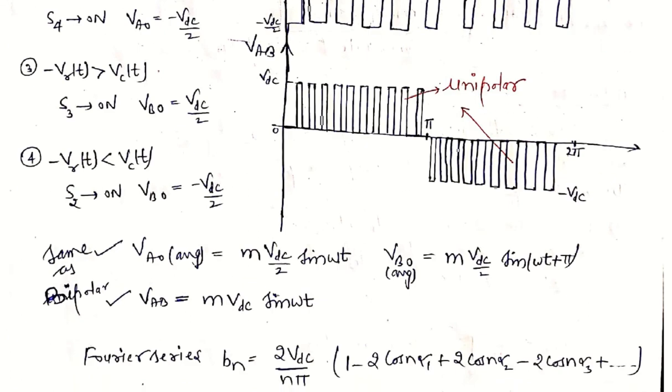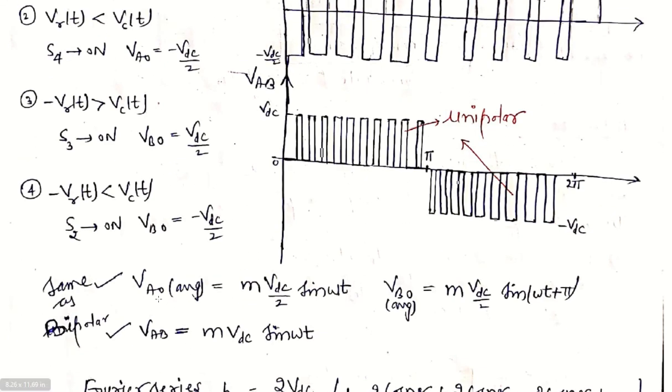Now we will calculate the VA0 average, which is the average pole voltage, equal to M into VDC by 2 into sine omega t. It is the same as in the case of bipolar. M is the modulation index, defined as the reference signal magnitude upon carrier signal amplitude. And this is the VB naught average voltage. This VB naught waveform will be M VDC by 2 into sine of omega t plus pi, because VB naught is just shifted by 180 degrees.